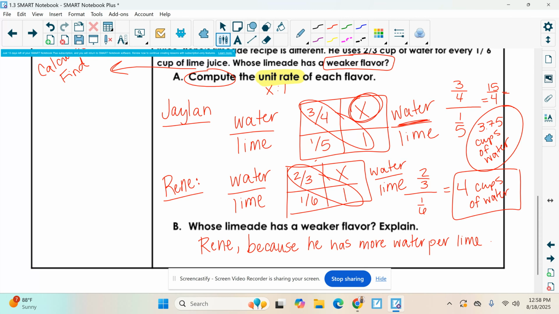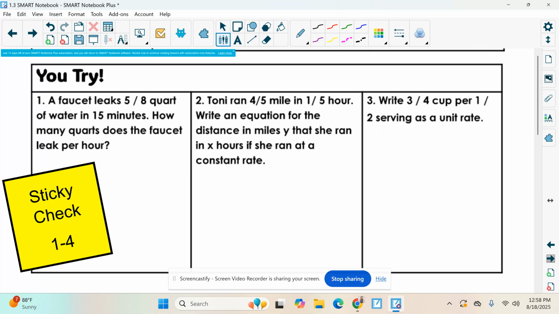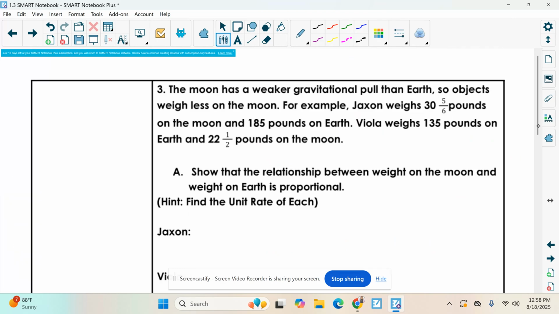But that means everybody has to do their homework tonight. Y'all made lemonade and limeade. One's made with lemons and one's made with lime. Alright, so y'all can see what I mean by which one's weaker and which one's stronger. Okay? Alright, number 3. Last example, and then I'm going to quit talking. And you're going to start practicing.